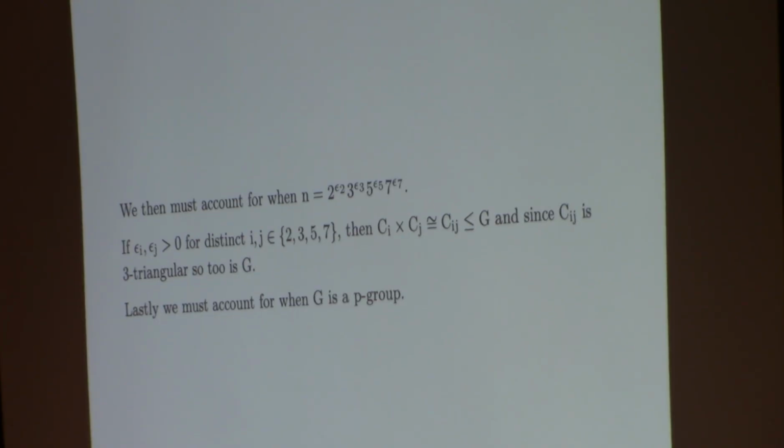So now we got to account for when the order of the group is just a product of powers of primes 2, 3, 5, and 7. So if we got 2 distinct primes appearing in the factorization, then the direct product of the cyclic groups generated by elements of that order are also going to be a subgroup.